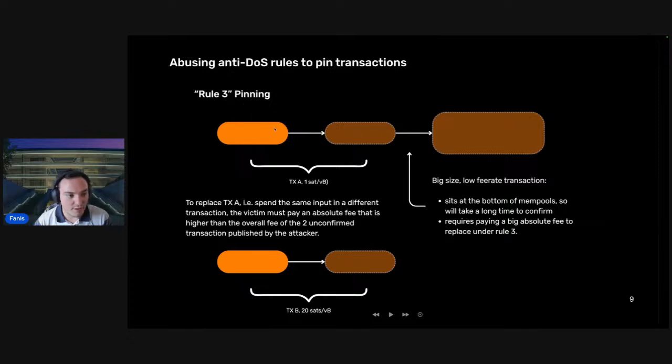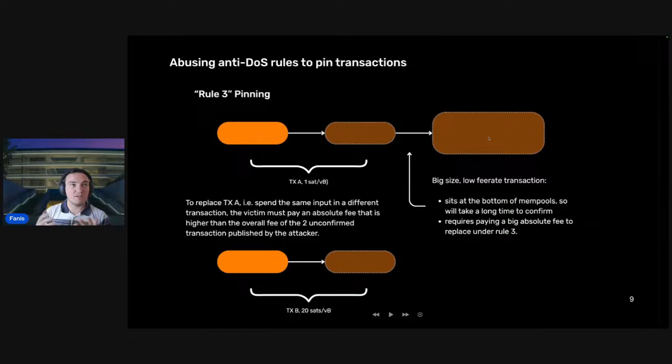So here you are spending an input, and you're creating an output as a result, and then you are creating another transaction that spends this output that you just created, and this transaction is a very big transaction, so a very big size, a lot of bytes, but it pays a low fee rate.